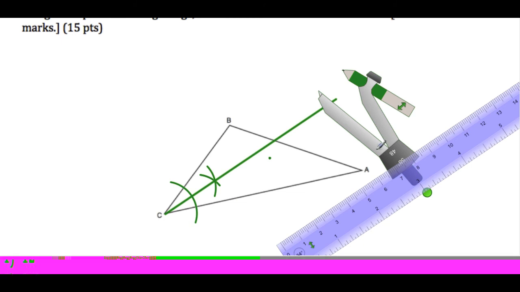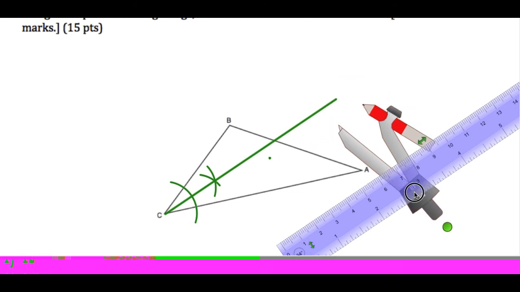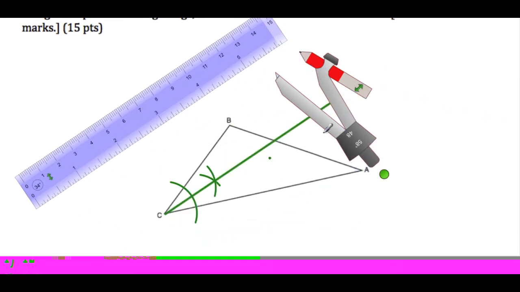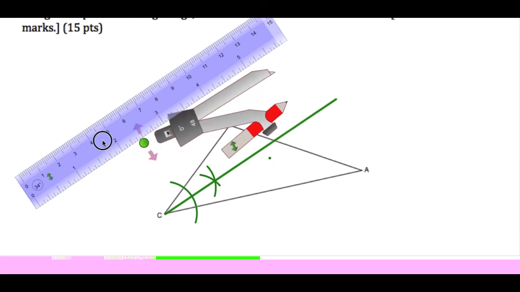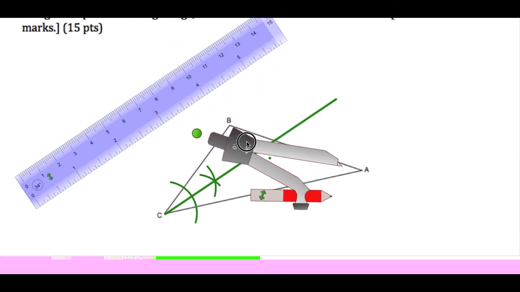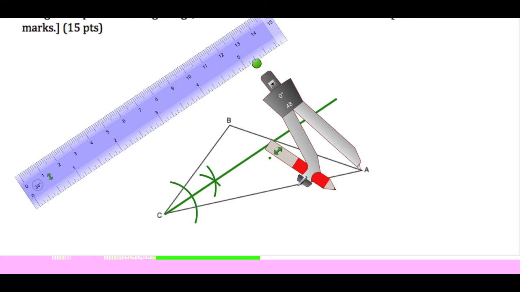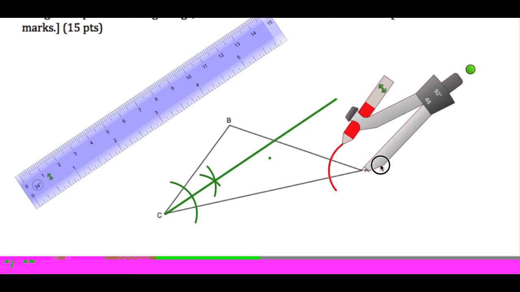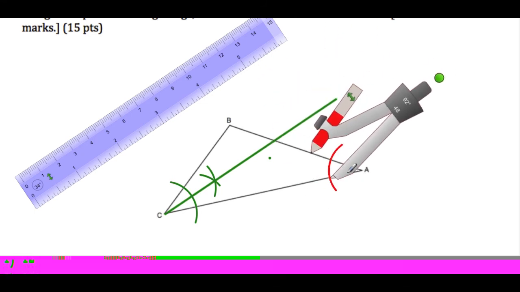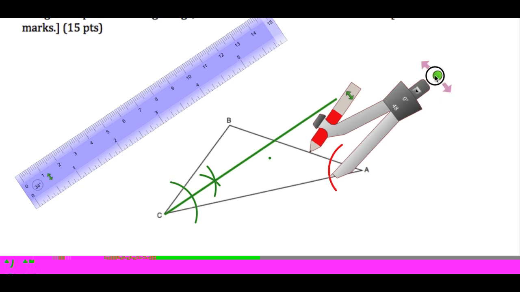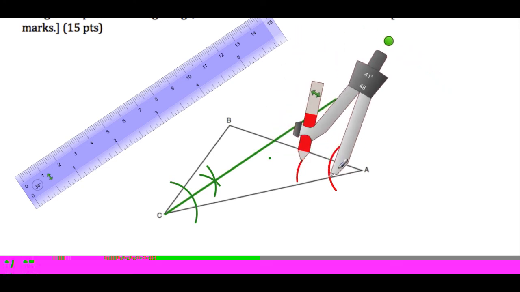Now, another one would be from angle A. So let's bring the sharp point to vertex A, and then draw an arc and go to the intersection and draw an arc over here.